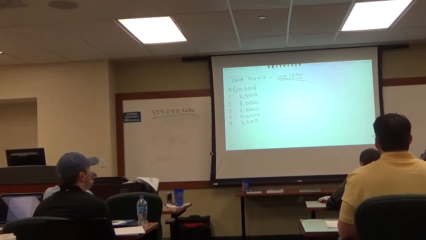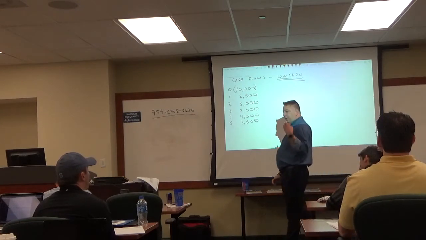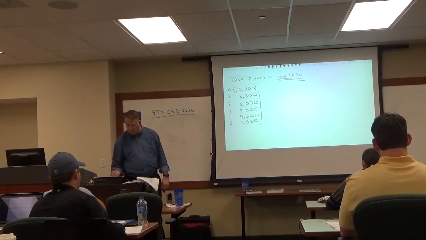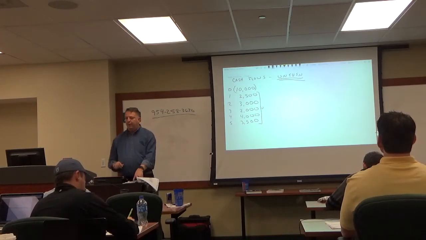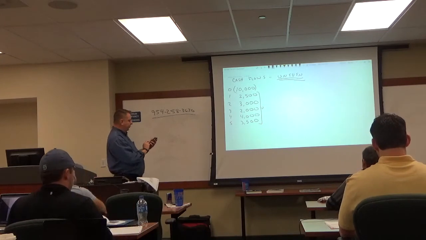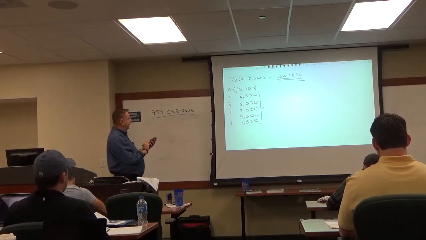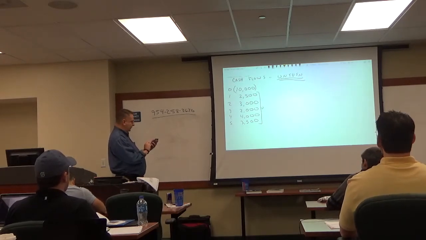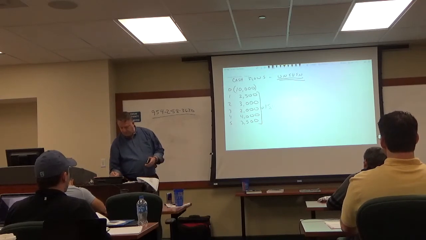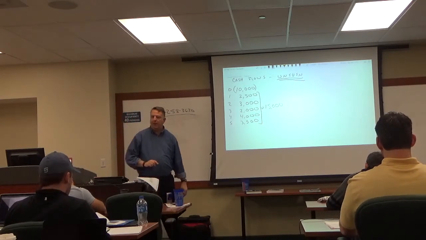So in this case, first of all, let's start off with the simple math of just simply, like we did last, what is the total amount that we've actually collected in revenue, just to kind of get a perspective. So 2,500 plus 3,000 plus 2,000 plus 4,000 plus 3,500. So $15,000 of income.